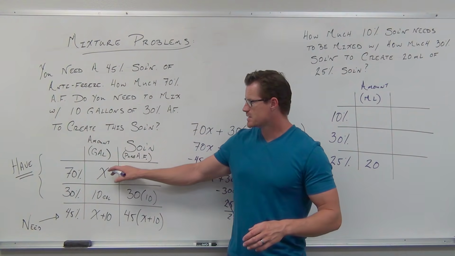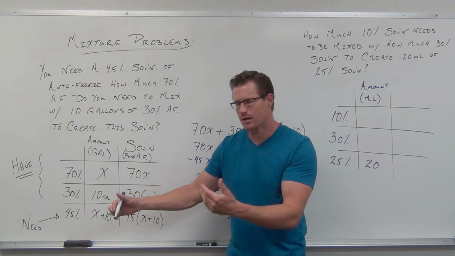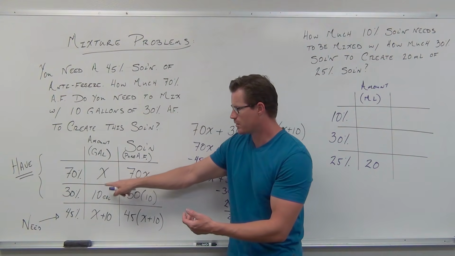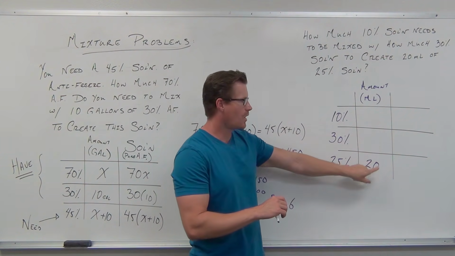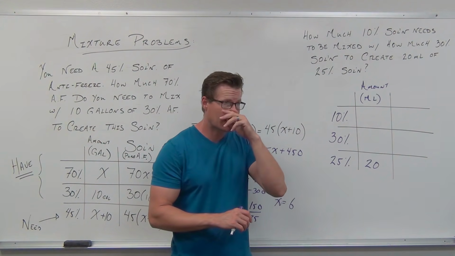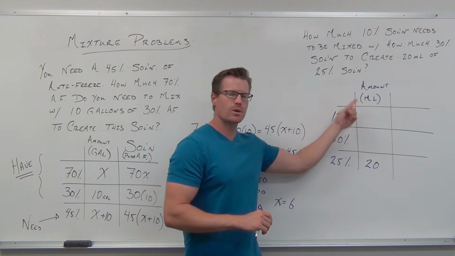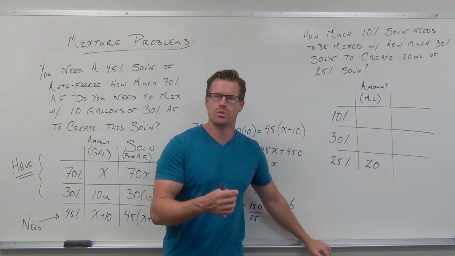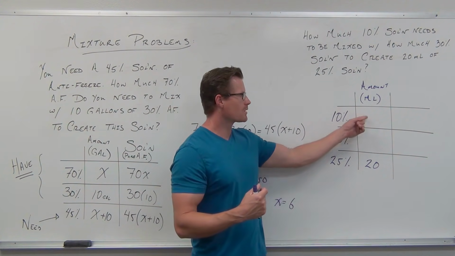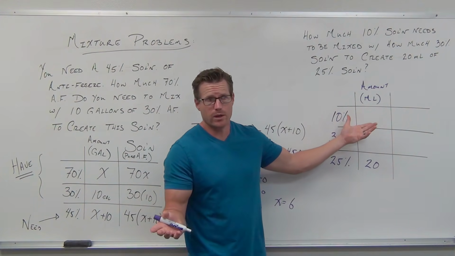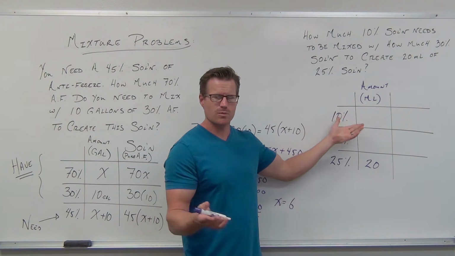Just like these amounts have to add up, they have to add up. The amount you mix here with this has to add to this. The amount that you mix here with this also has to add to that. The problem is we don't know where to start, and this is where students get really tripped up, just like in distance equals rate times time. Call one of these a variable. You don't know it, obviously, so call it a variable, call it x.